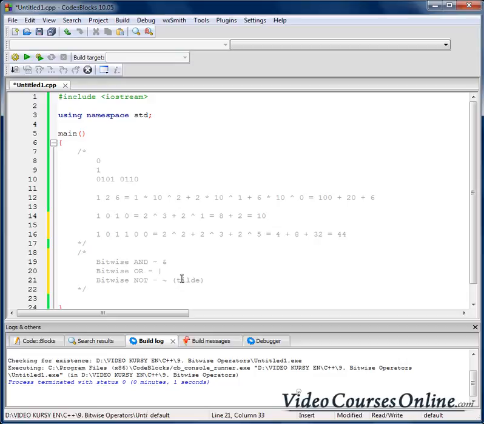And there are 3 more operators here this time. Bitwise exclusive OR, which is caret. Exclusive OR because it looks like that, right? It's an abbreviation for exclusive OR.